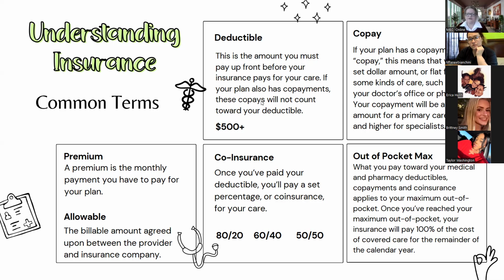All right, so 5 main terms that you're going to hear every day, all day. A premium, an insurance premium. That's the monthly amount that somebody is going to pay for their insurance coverage. Some people pay for it. They have individual coverage, like I said, through healthcare.gov or Blue Cross or whoever.